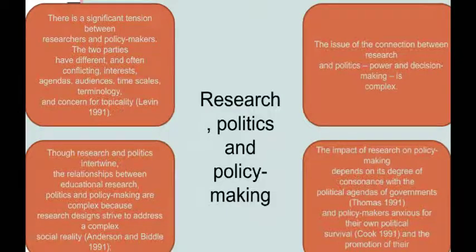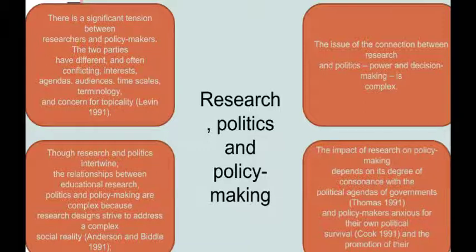Research, politics and policy making. There is a significant tension between researchers and policy makers. The two parties have different and often conflicting interests, agendas, audiences, timescales, terminology, and the like. So research and politics intertwine.